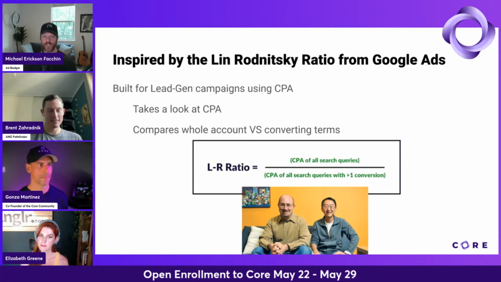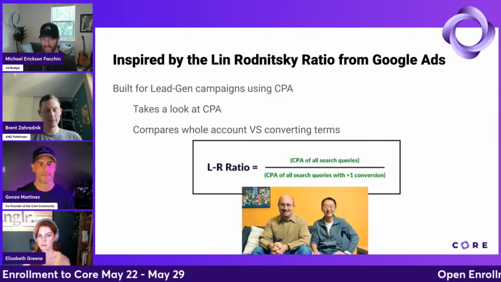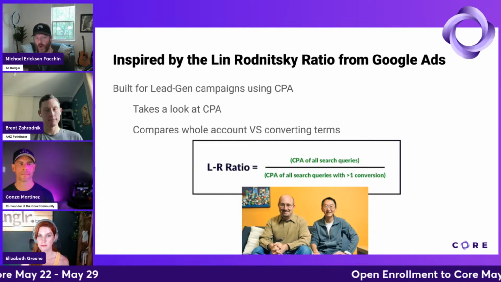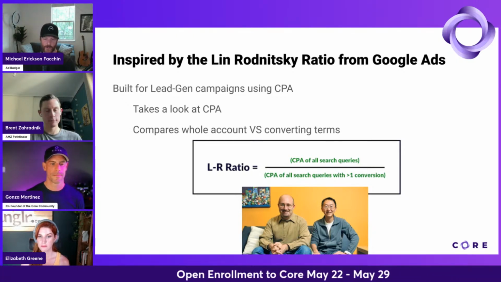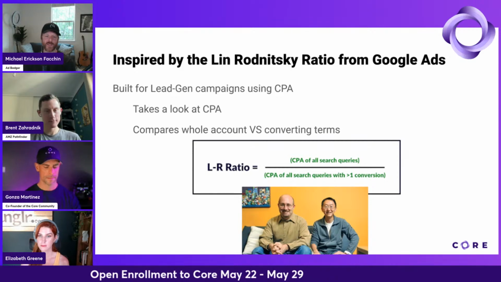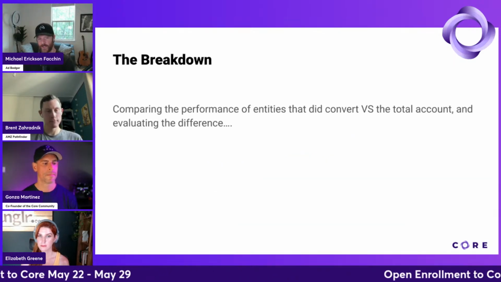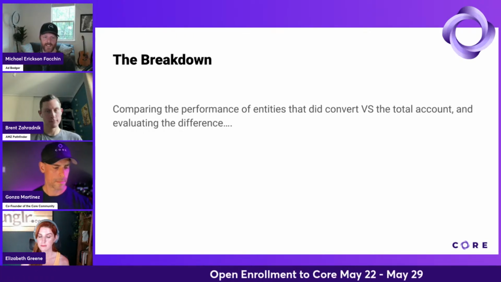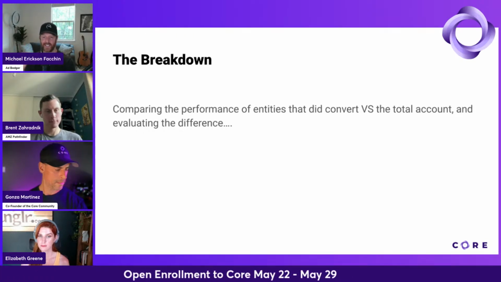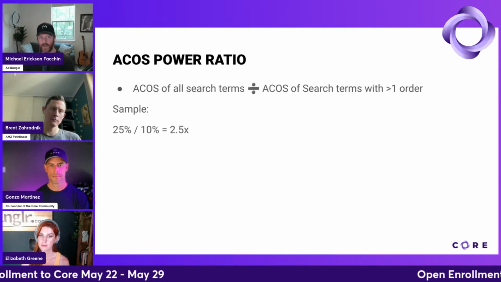What they did for Google Ads was take the CPA, which stands for cost per acquisition, for all their search terms, and put that over the CPA for all search queries with at least one conversion, giving us the Lynn Radnitsky ratio. Bringing it over to Amazon, it's the performance of entities that did convert versus the entities that did not convert, and then comparing the difference.